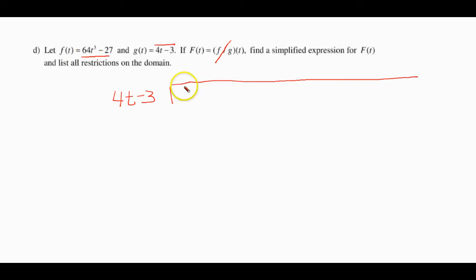Now here our first term is 64t cubed, and there is no t squared, so we have to put a placeholder. There is no t to the first, so we put a placeholder for that, and then we have a negative 27.